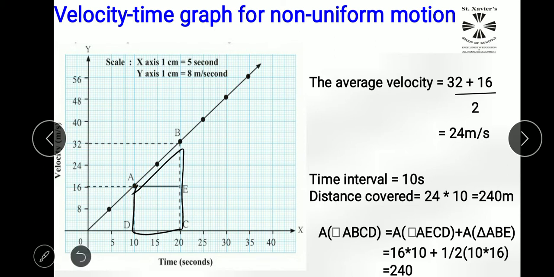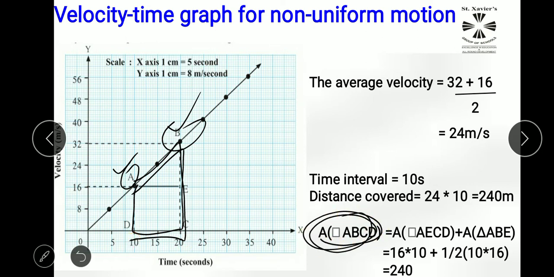We'll get the total distance traveled between A and B. If we have to find total distance traveled from A to B, we will find the area of this quadrilateral ABCD. Area of ABCD consists of two parts, students. One quadrilateral is there, one triangle is there.